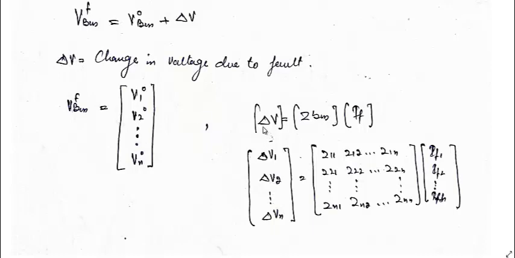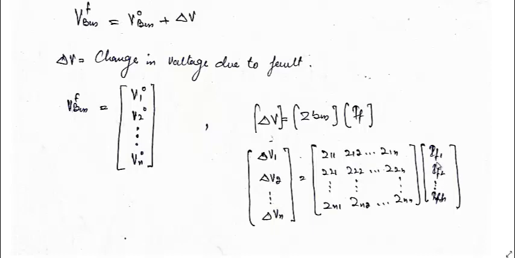Now this delta V will be equal to Z bus into delta I. So delta I I have represented by IF, because when we do the fault analysis, we neglect all the load currents, because load currents are very small as compared to the fault currents. So I can represent it like this: delta V1, change in the voltage at bus 1, change in the voltage at bus 2, up to change in the voltage at bus n, and this Z bus remains the same.